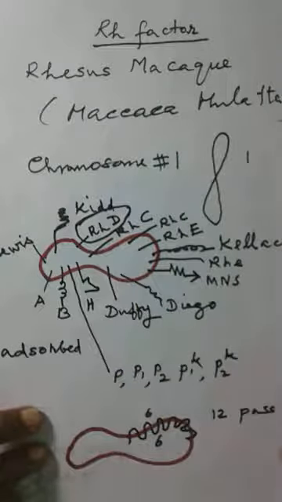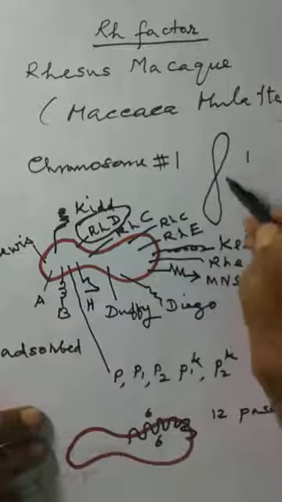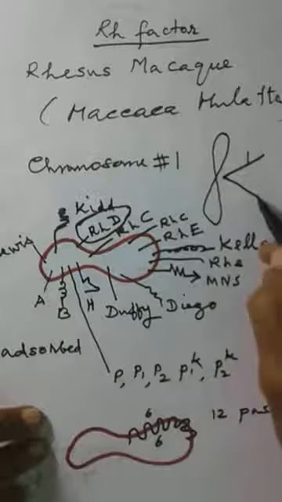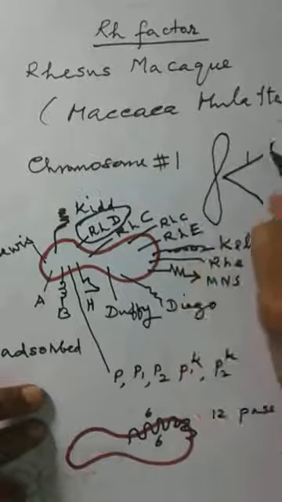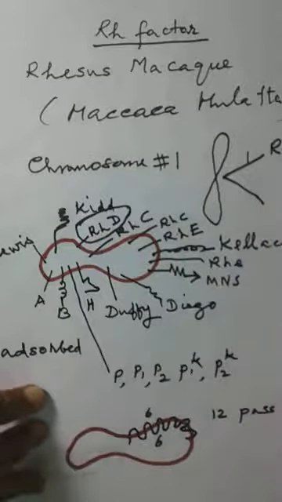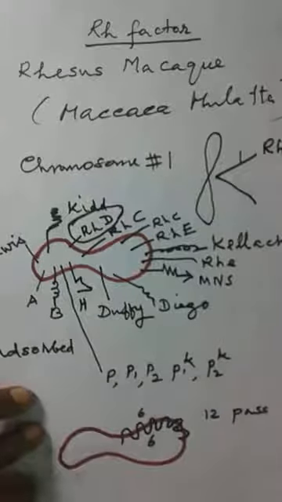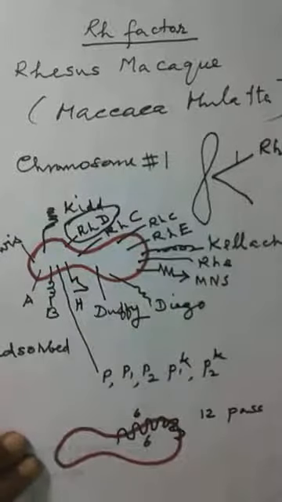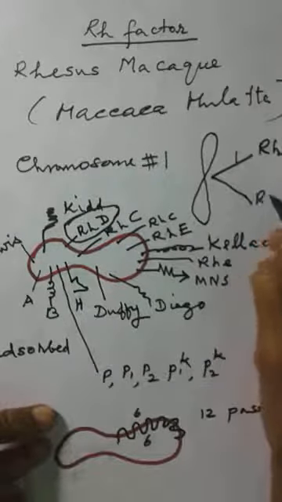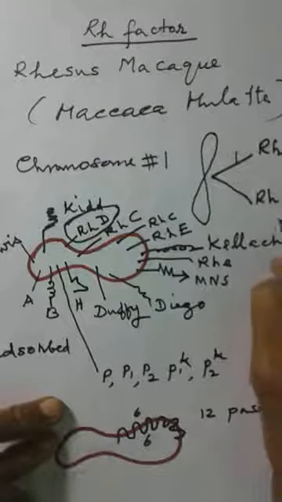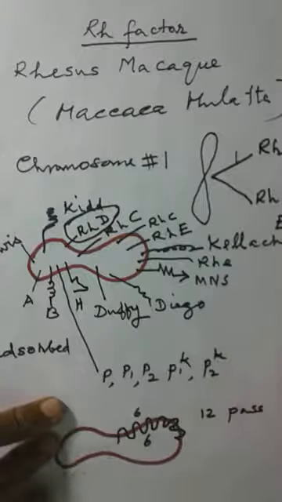In chromosome number 1, it has 2 jobs. One is RHD and the other is RHC, small c, E, small e.